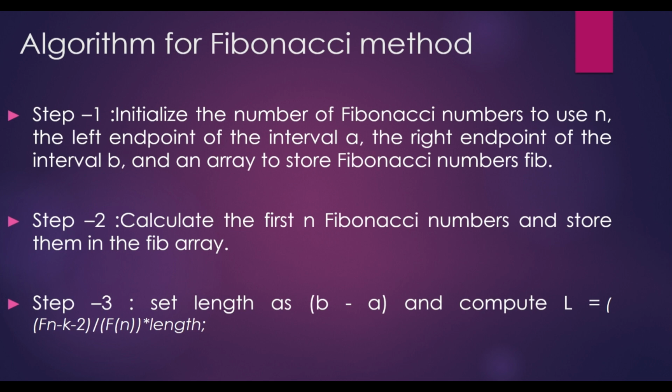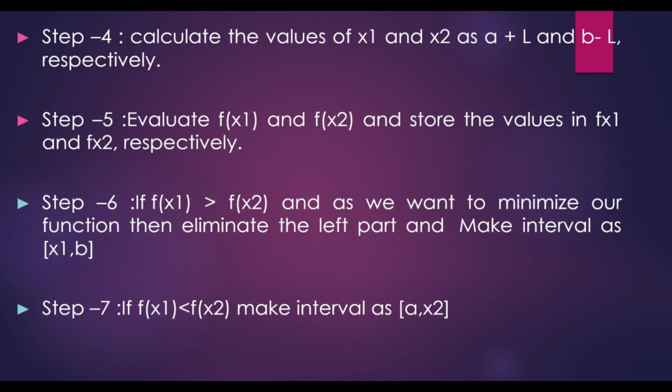Now, after that, we will calculate the first n Fibonacci numbers and store them in a Fibonacci array. Set the length as b minus a and compute the length L equal to F(n-k-2) by F(n) into length. After that, calculate the values of x1 and x2 as a plus L and b minus L respectively.